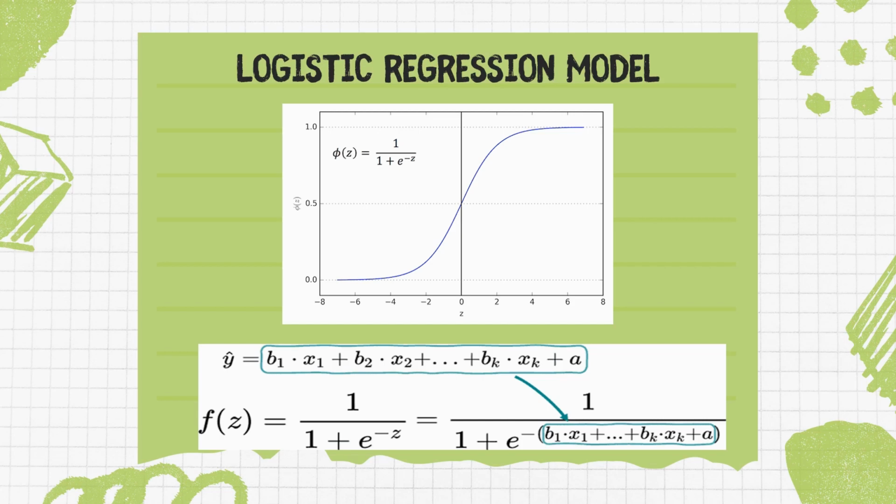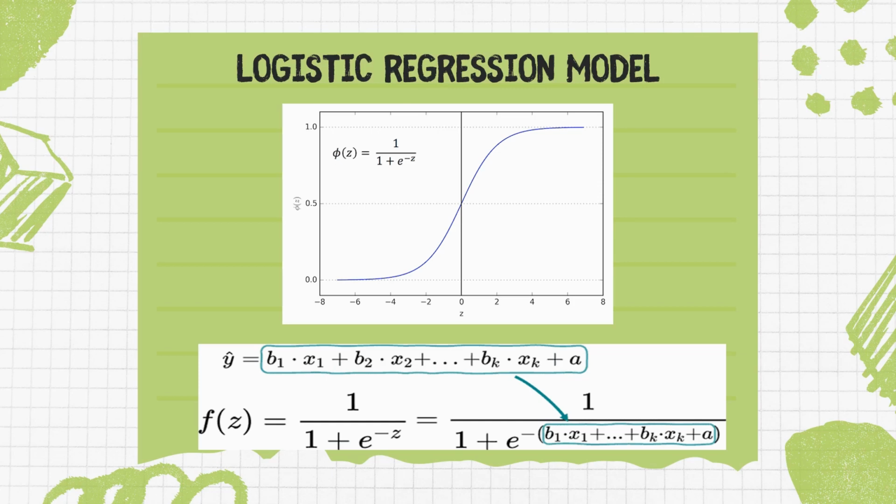Now here you're also seeing a formula, so let's bring in some more of this formula and explain it. You see that logistic regression makes its predictions by calculating a weighted sum of the input features.